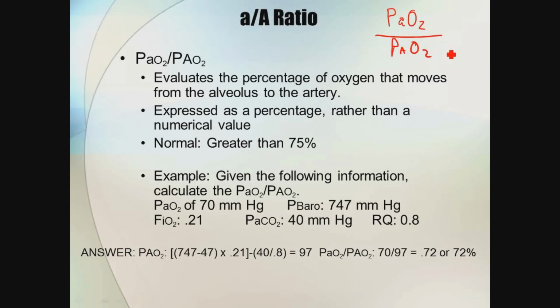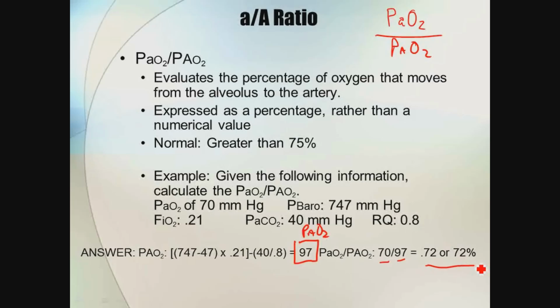Doing the calculation on this one, I still have my same 97 for my alveolar, 70 for my arterial. If I do the math on there, it's about 72%. Normal's 75 and higher, just a little bit below that.